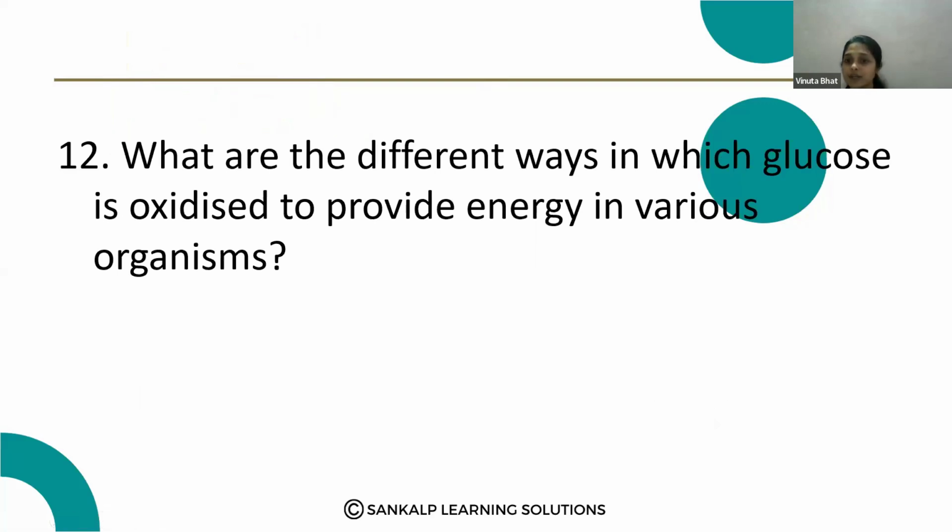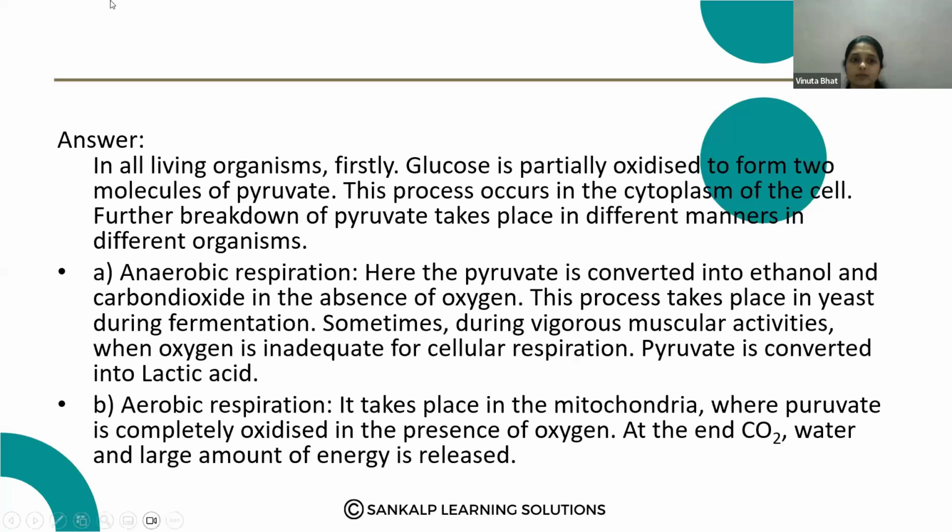What are the different ways in which glucose is oxidized to provide energy in various organisms? Here, glucose is oxidized in different ways: aerobic respiration, that is in the presence of oxygen, and anaerobic respiration.